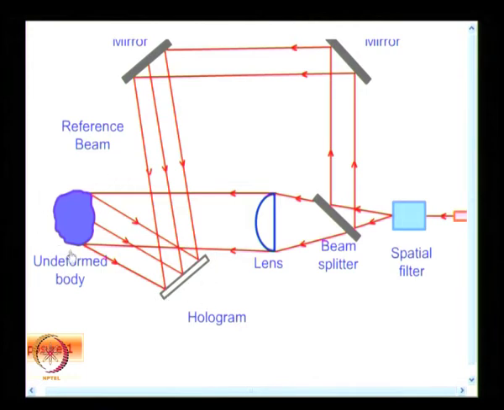I will see this 3-dimensional object. If I record this as a hologram, develop it and then reconstruct it, I will see the 3-dimensional object. And here I am not interested in the metrology of the 3-dimensional object, not in the depth measurement or shape measurement of that object. I am interested in what deformation is introduced in the model because of the loads applied, that is my interest.